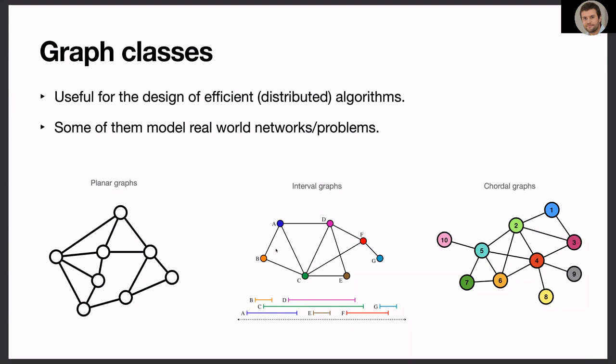Interval graphs, for example, are useful for problems related to scheduling and so on. And other graph classes like chordal graphs are less real world inspired but they are general enough to contain many important graph classes. So sometimes they have very nice properties that one can exploit to design efficient algorithms, right?